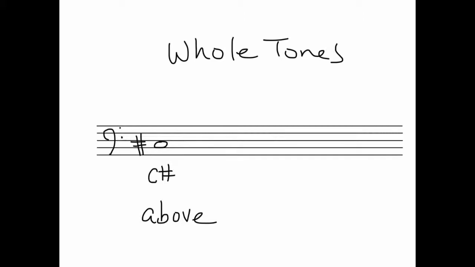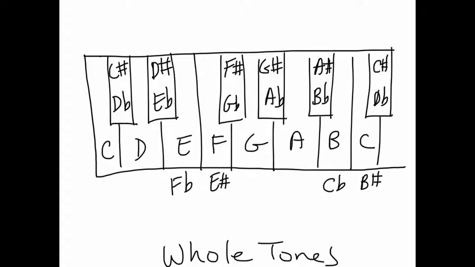Now right away, again, if you don't know the answer, you can still write in the next note, which is above the C sharp, and that's a D. Now we have to check to see if we need an accidental in front of it. So let's find C sharp, and we'll go two semitones over and find D sharp or E flat. So since we want to go to the next letter name, we don't want to skip letter names from C to E. We're going to use the D sharp as our answer.